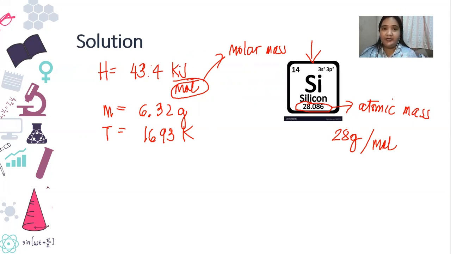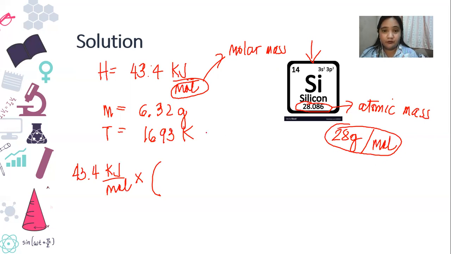So let's just do some energy conversion. You might just end up with the energy which is required in the problem. Let's start with what's given: 43.4 kilojoules per mole. And as I've said, we rely on 28 grams per mole. In conversion factors, this is 28 grams per 1 mole, so we're getting rid of mole already.